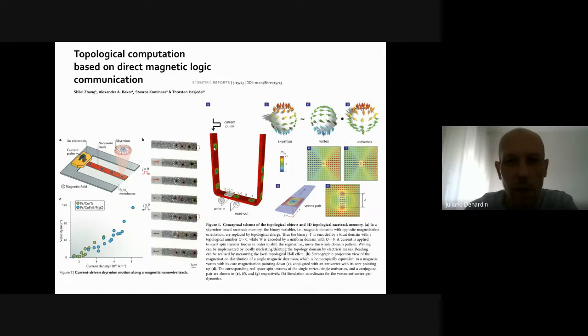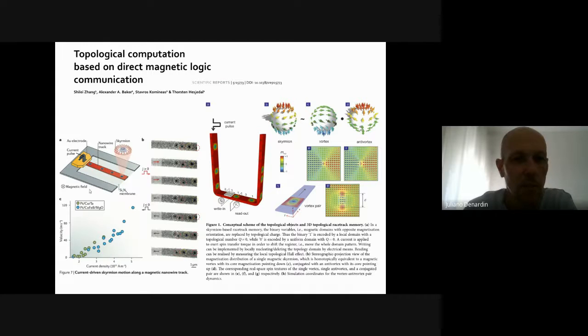If you have a skyrmion, you have a bit 1. If you don't have a skyrmion, you have a bit 0, and so on. So you can read the skyrmions, and you can change their polarity, whatever, by current pulses.